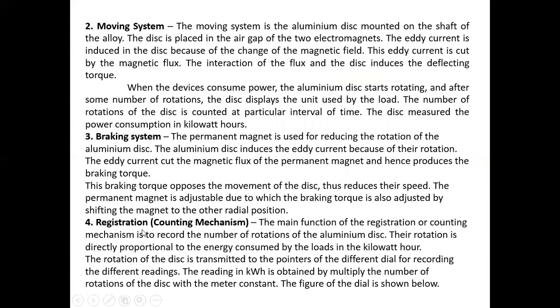The rotation of the disc is transmitted to the pointers of the different dials for recording the different readings. The reading in kilowatt hour is obtained by multiplying the number of rotations of the disc with the meter constant. The figure of the dial is shown below.